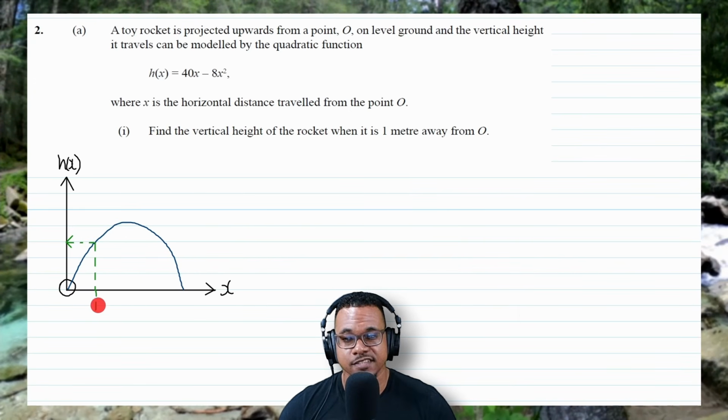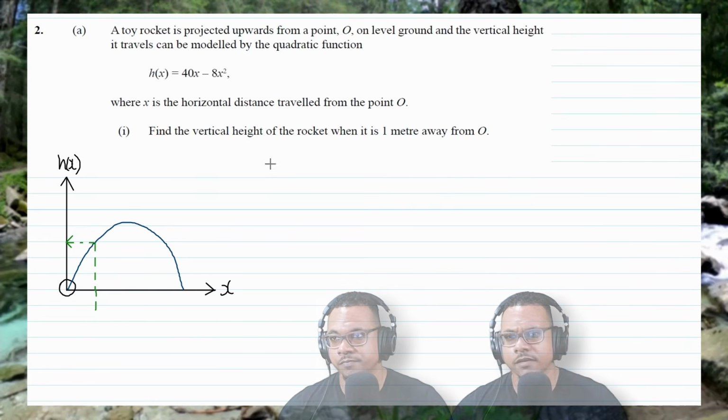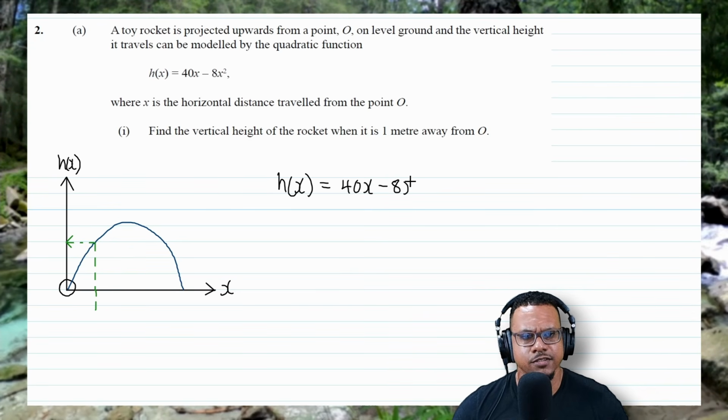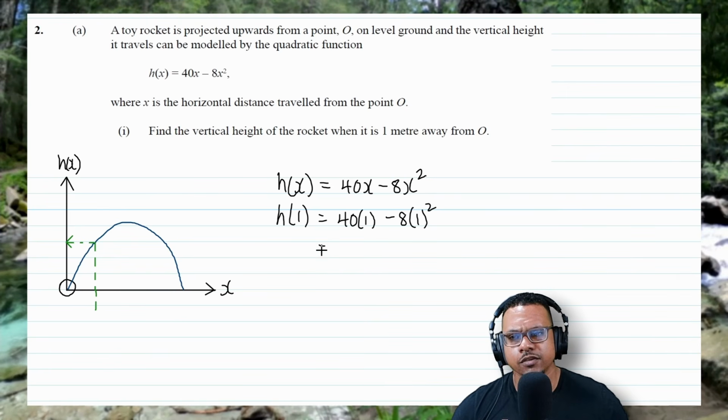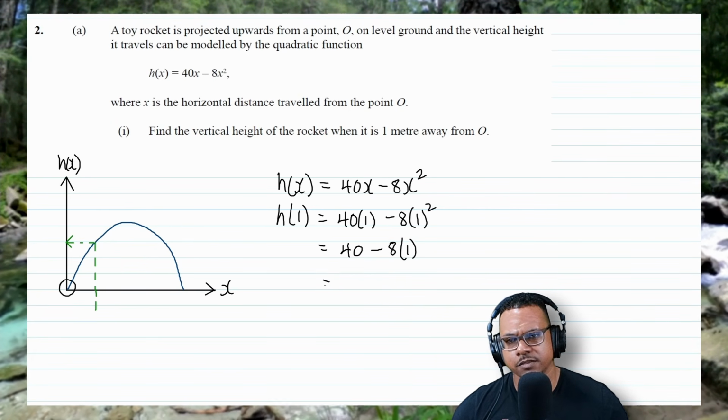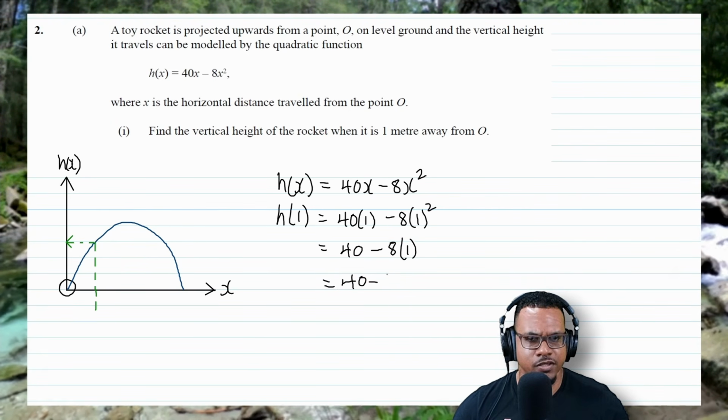So that'll be substituting x = 1 into the function h(x) to get this vertical height here. We know h(x) = 40x - 8x². Substituting 1 in for x, we have h(1) = 40 times 1 take away 8 times 1 squared. 1 squared is 1, so 40 times 1 is 40, take away 8 times 1, which is 8.